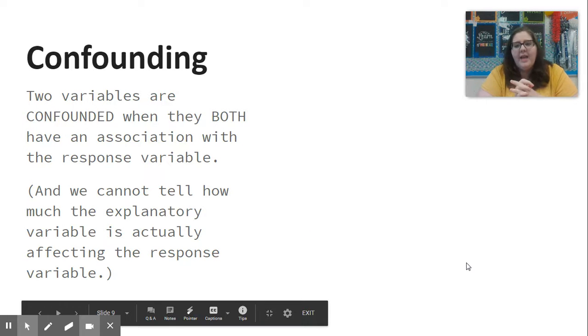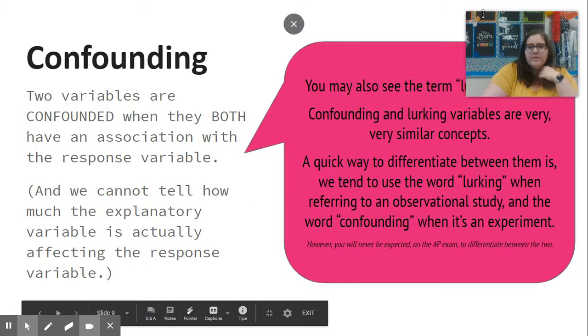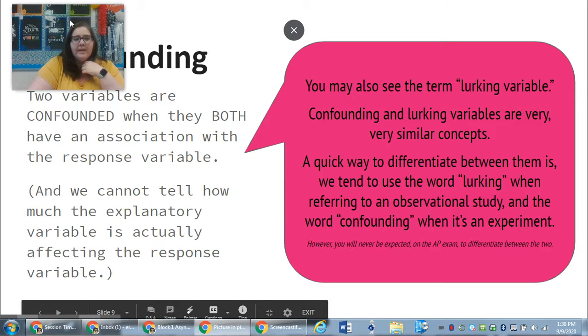Basically, we have this other variable that's not something we actually put into our experiment, and it's also having an effect on the response variable, and we can't tell whether the difference we're seeing between our treatment groups is because of the actual thing we changed, our explanatory variable, our treatments, or if it's this other thing that's also in there. So we also sometimes use the word lurking variable.